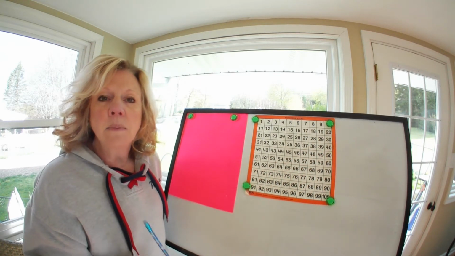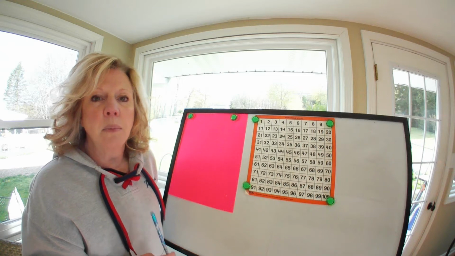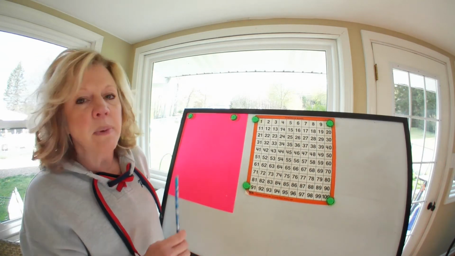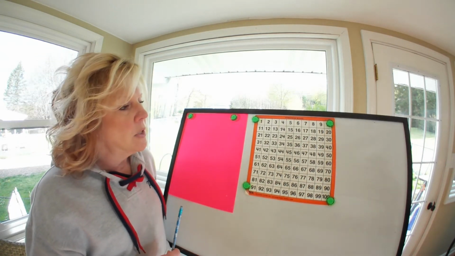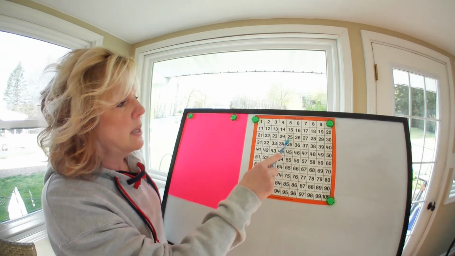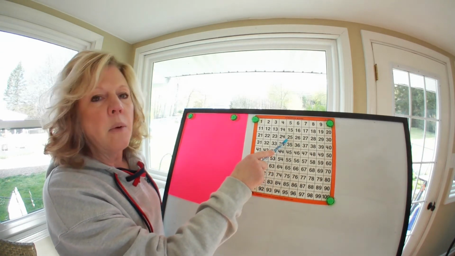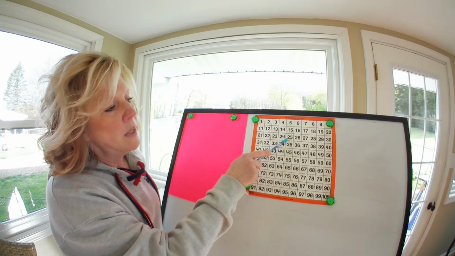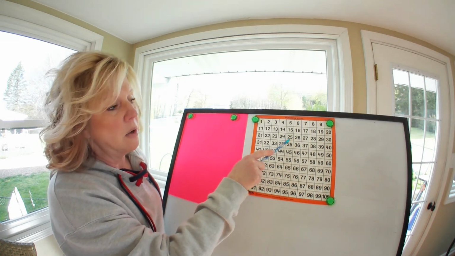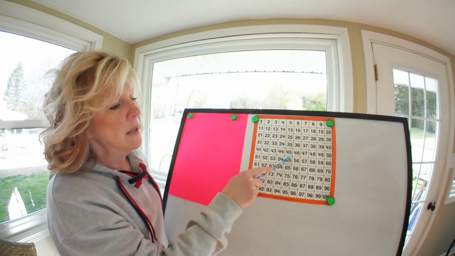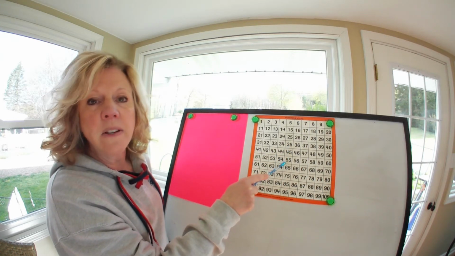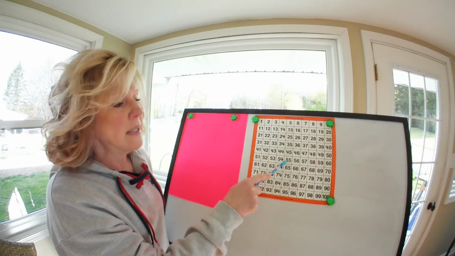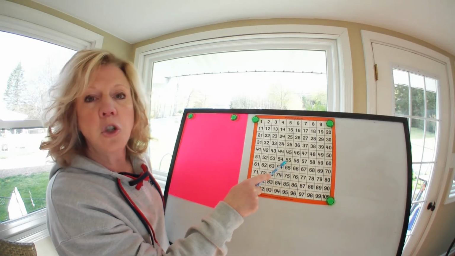So let's move around and see if we can come up with a couple of numbers before we get to our secret number. Let's put our finger on 25, okay? Now, what happens if I say to you, I want you to add 30? Well, we're jumping down, so let's go 10, 20, 30. So we're at 55. Now I want you to subtract 2.